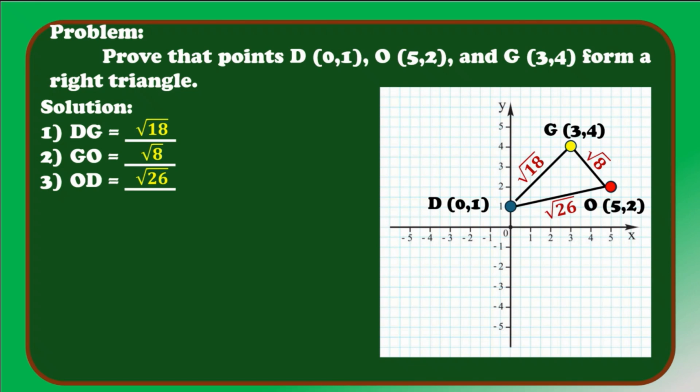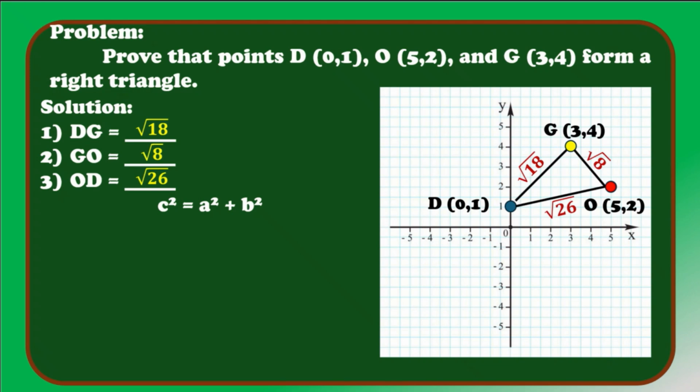We're going to use the Pythagorean theorem to prove whether the given points present a right triangle. We have c squared equals a squared plus b squared. We already know that c represents our hypotenuse, which is the longest side of our triangle. a represents the shorter leg, and b represents the longer leg.